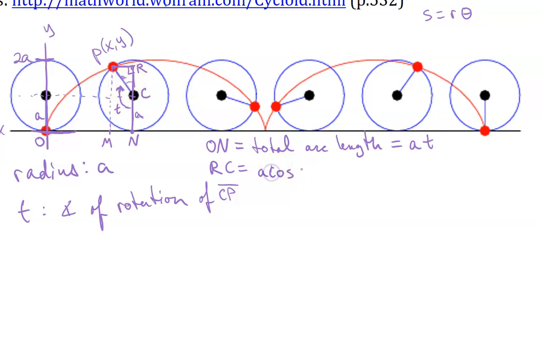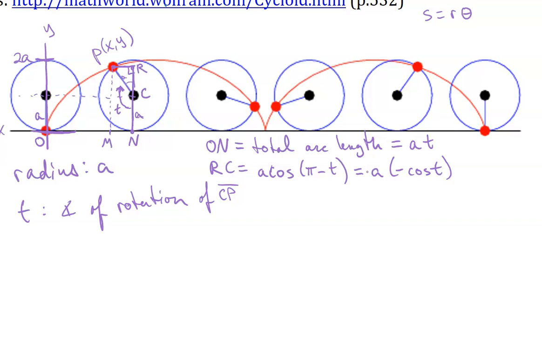So A times cosine of pi minus t. Now, because cosine is an even function, we can use a little substitution here, and we can write that as A times negative cosine of t. We're just using the fact that cosine is even in that identity. You can move that negative to the front. We'll move that to the front on the next step.